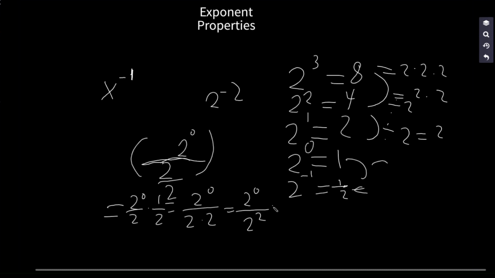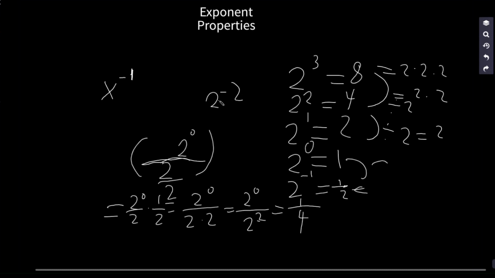So each time we go down by 1, we are dividing by 2. Okay, so 2 to the negative 2 power is 2 to the 0th divided by 2 squared. But what is 2 to the 0th? Well, 2 to the 0th is just 1. And 2 squared is just 4.